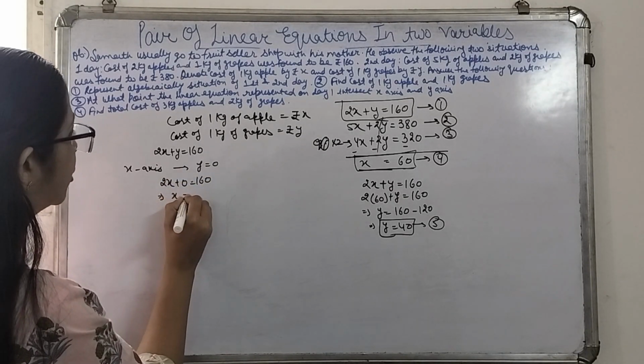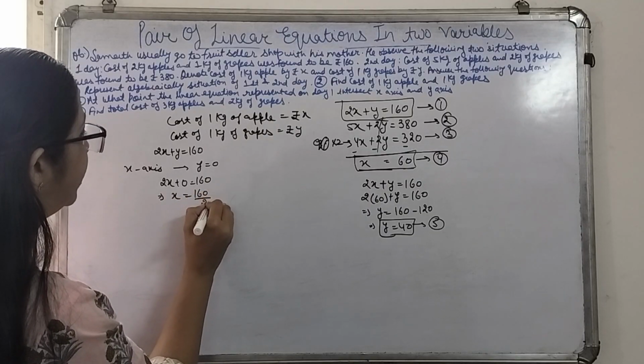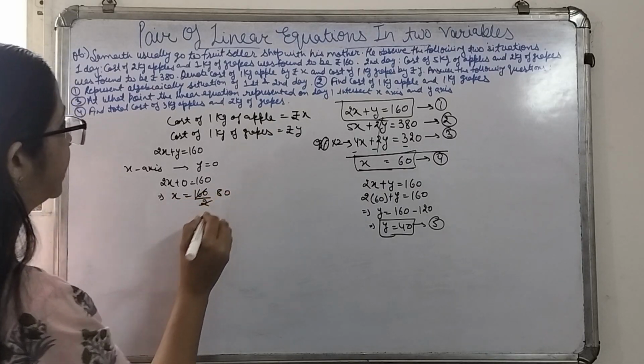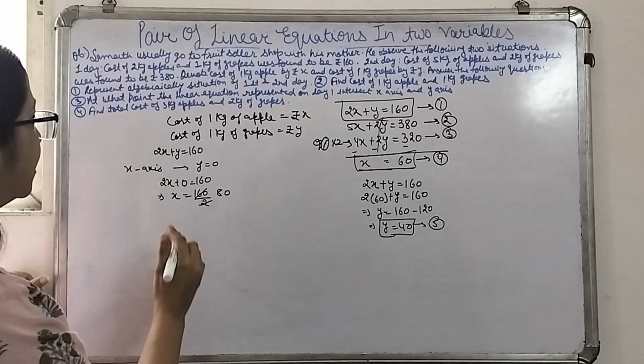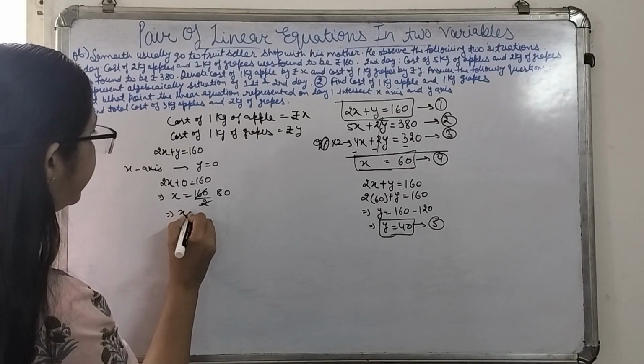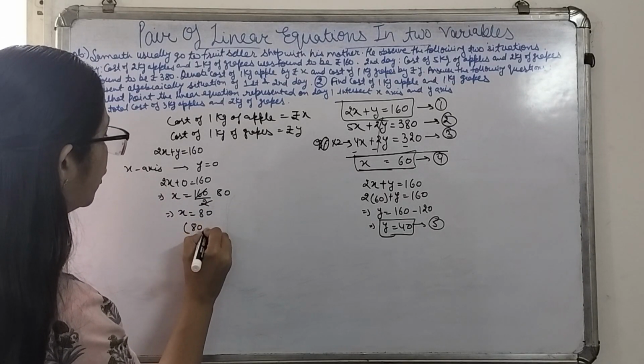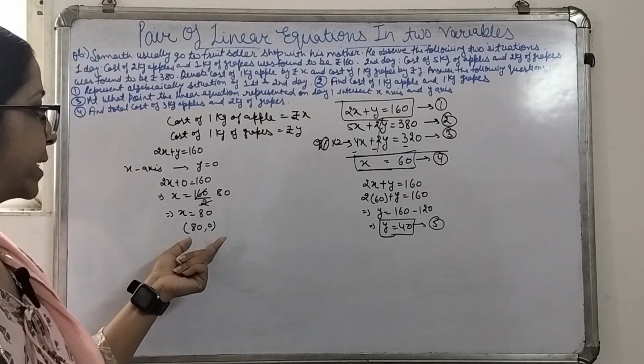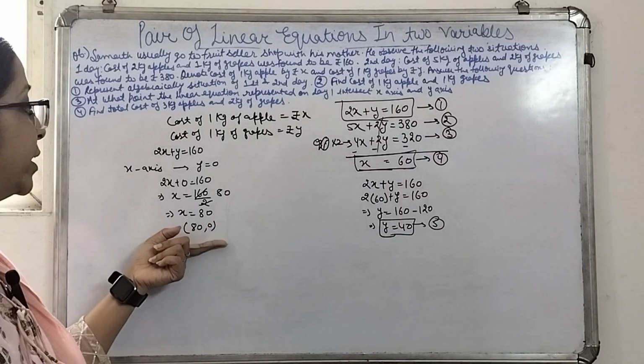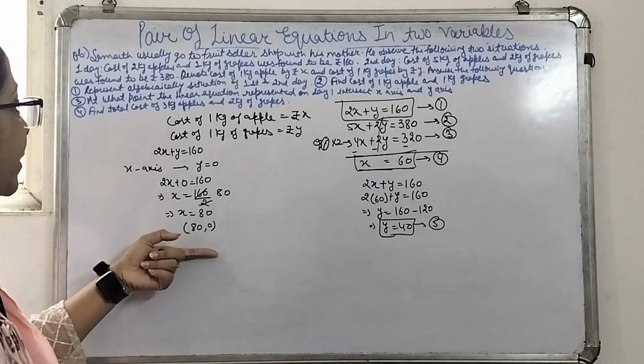That means x is equal to 160 divided by 2, that is 80. So the point at which it intersects the x-axis will be (80, 0).